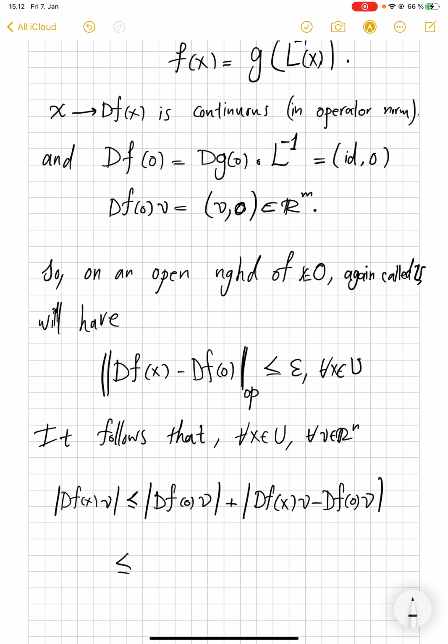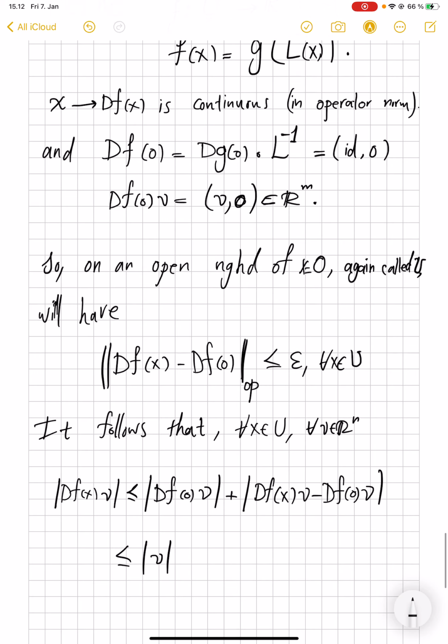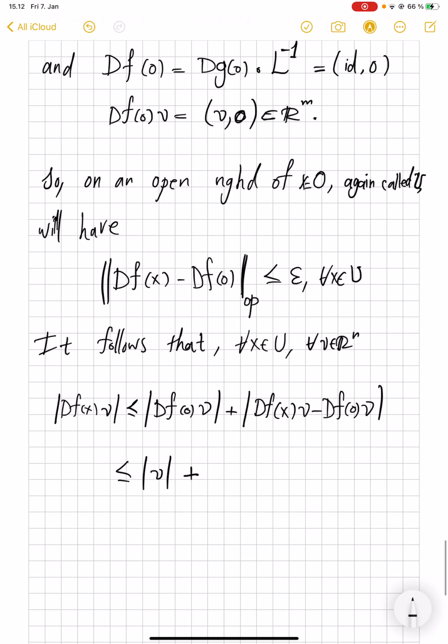And this df0 at V, remember, is just V0, and its norm is just the norm of V. And this one will become less than epsilon times the norm of V because of the condition on the operator norm.